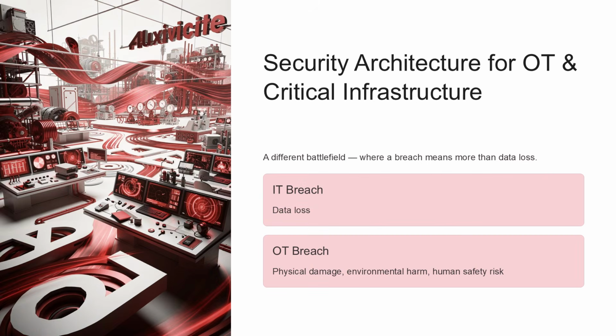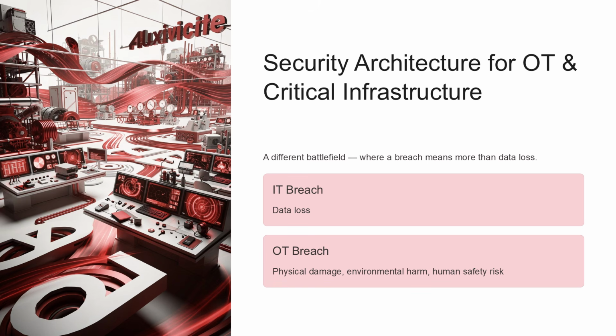When you design security for traditional IT environments, your primary concerns are usually data confidentiality, application availability, and user access control. When you design security for operational technology, OT, and critical infrastructure, the priorities shift dramatically.